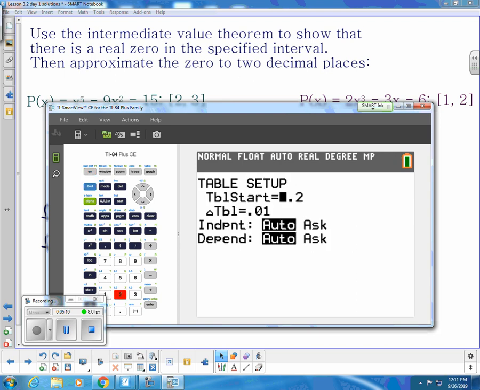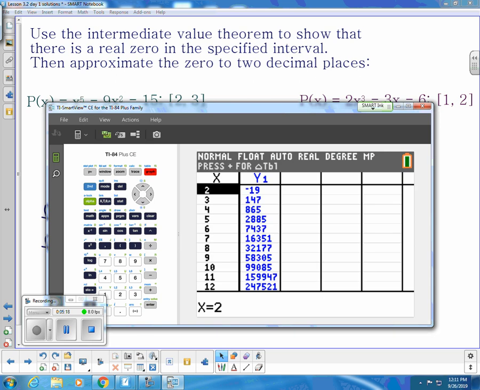My original is 2, and I'm going by 1s. So you hit second table, and let's look. You can see there's a sign change. So I know my zeros between 2 and 3. If you just hit your plus key, let's now change what we're going by 0.1 to the nearest tenth, and you'll see 2.2 and 2.3. See that?